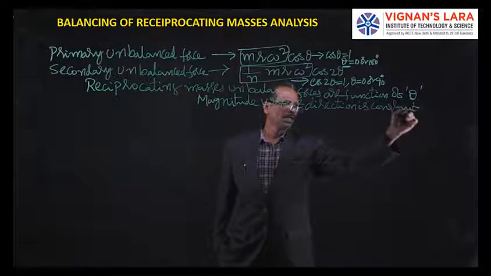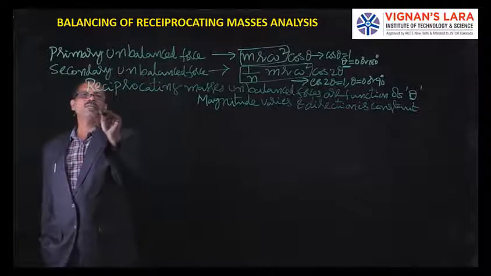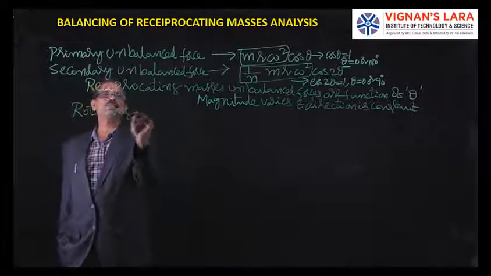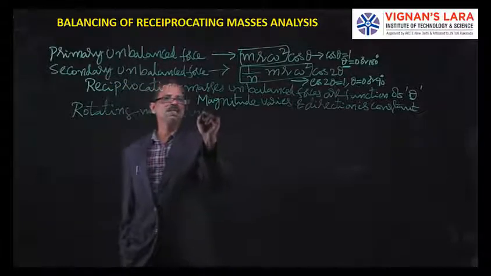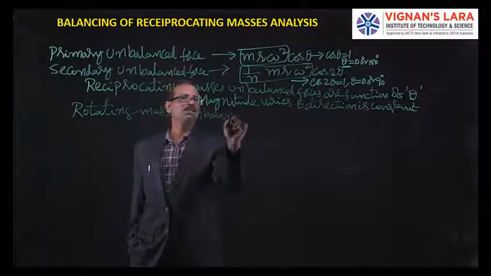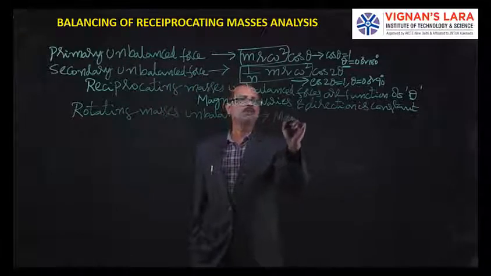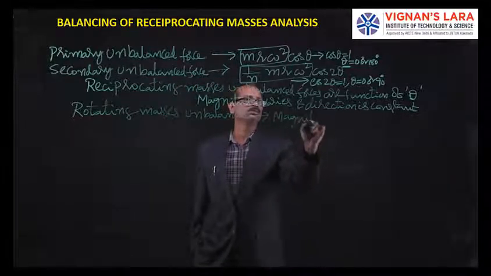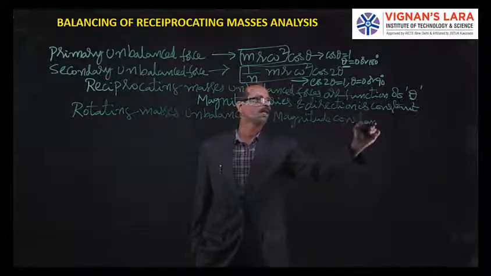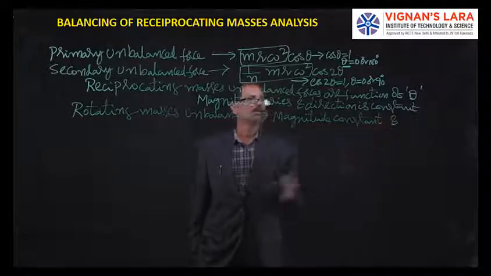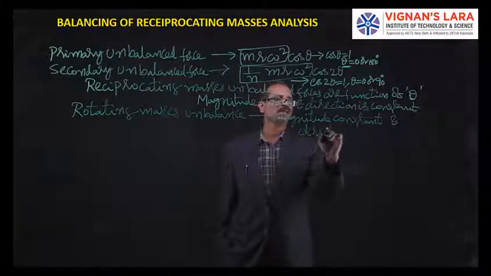Whereas in rotating masses unbalance, it is quite the opposite: the magnitude is constant and the direction varies.